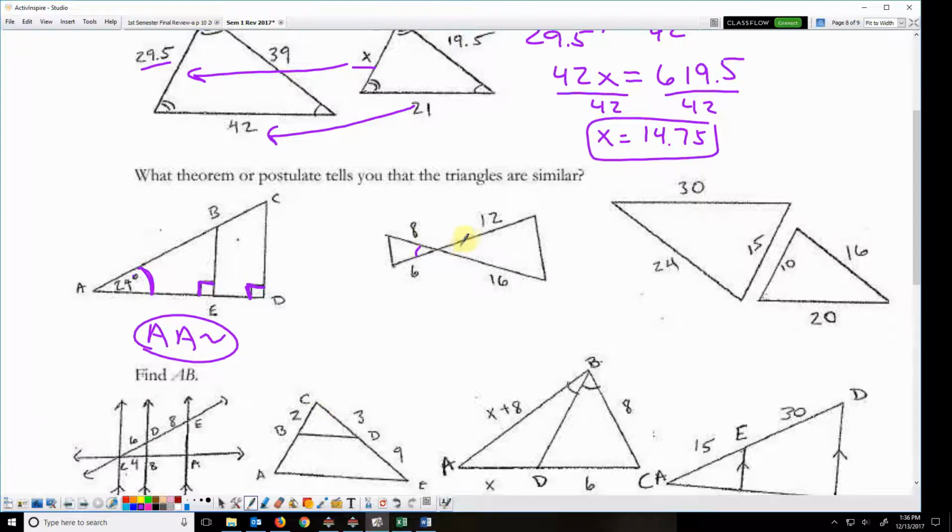There's a pair of congruent angles there. Shorter over shorter is 6 over 12. Longer over longer is 8 over 16. 6/12 will simplify to 1/2. 8/16 will simplify to 1/2. That gives me side, angle, side similarity.